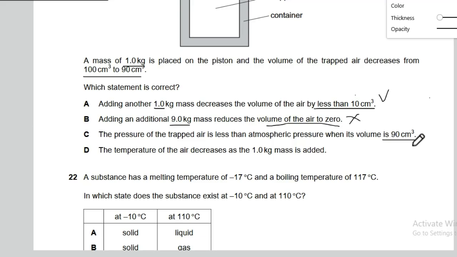And when we compressed it by placing a 1 kg mass, the pressure inside the container became larger than the atmospheric pressure. Option D. The temperature of the air decreases as the 1 kg mass is added. This is again not true because the temperature is room temperature. Therefore, only option A is correct.